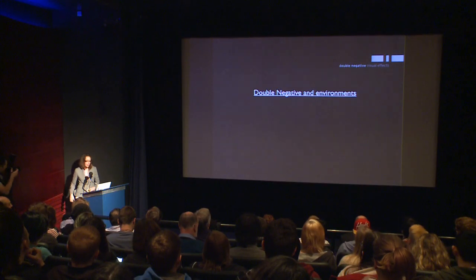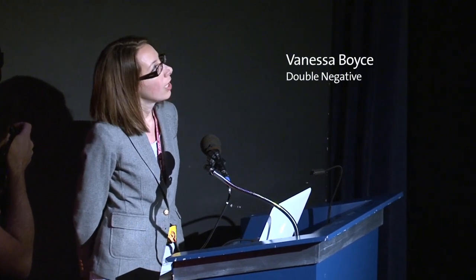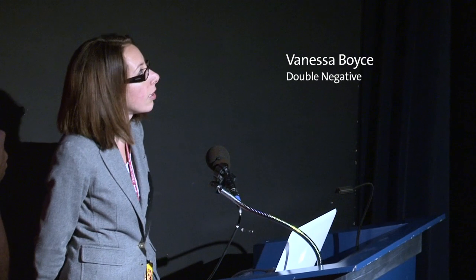Right, so at Double Negative, we've got a bit of a history of doing environments for many feature films, like the Batman films. We've created Gotham City for the last 3 Batmans, Inception, and more recently, the cities in Total Recall. Over the years, we've developed tools and techniques that we think work really well and make convincing cities.